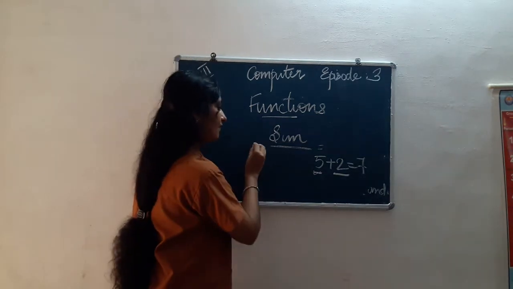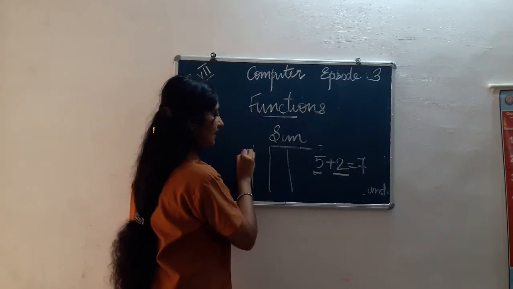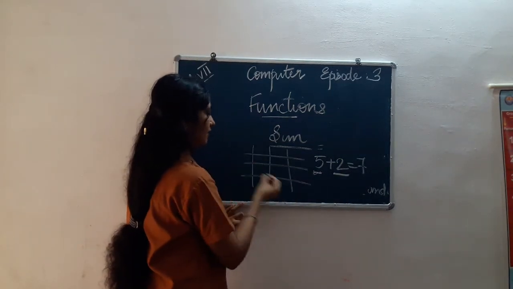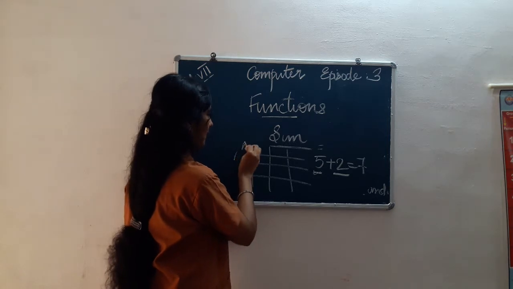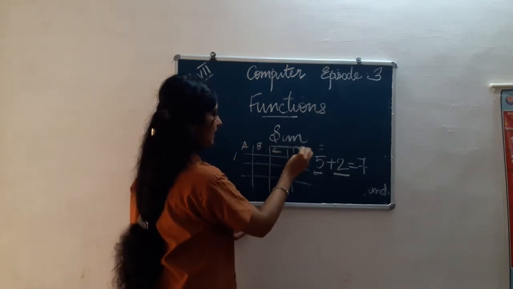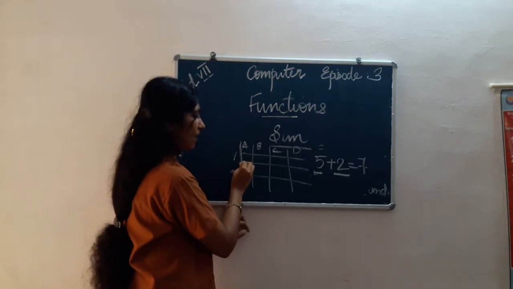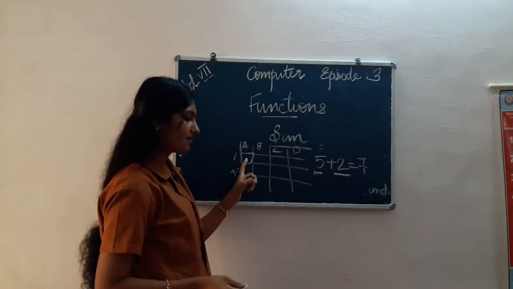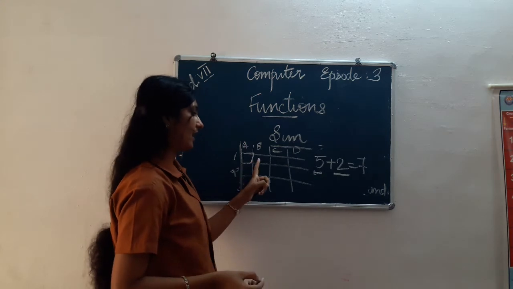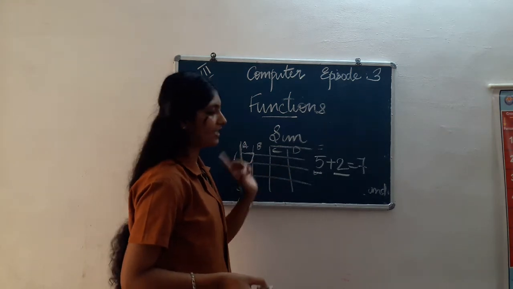For example, we know in a spreadsheet there are some cells. For example, columns A, B, C, D and rows 1, 2, 3. This is called a cell, and the address of this cell is A1, and this is B1, C1, D1, right?